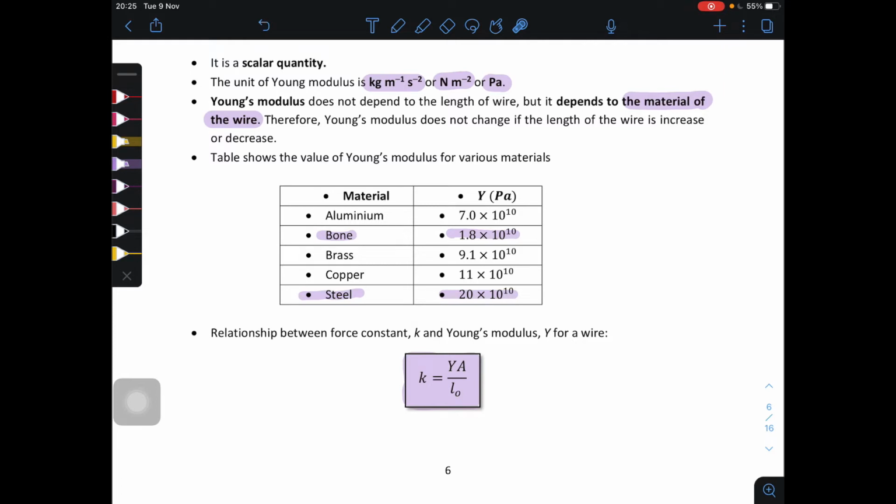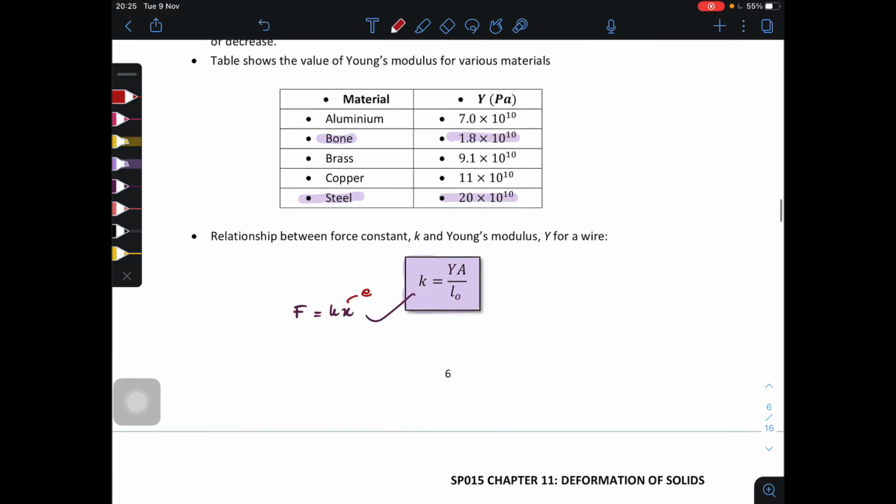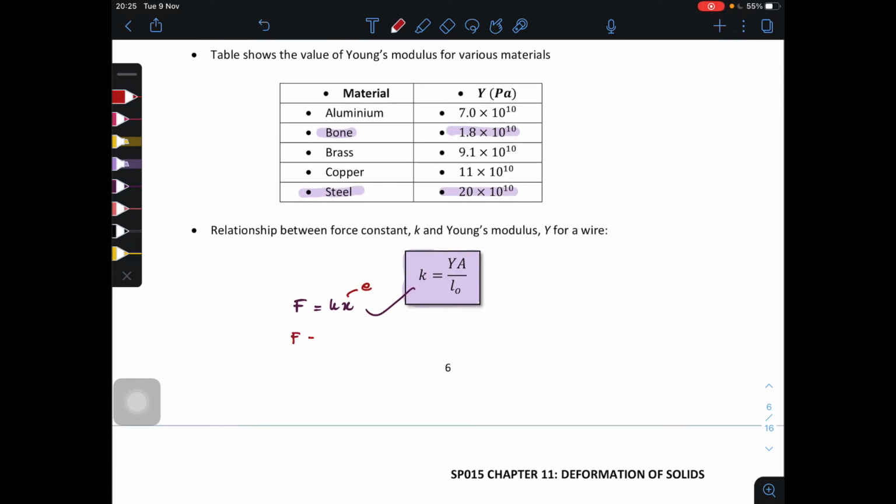Okay, daripada mana kita dapatkan K ni? So K here is actually from the Hooke's law, di mana Hooke's law adalah sama dengan Kx, and x here is the elongation. So kita boleh tulislah F adalah sama dengan Ke.